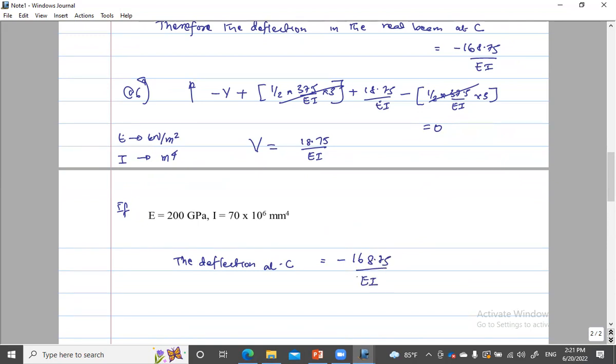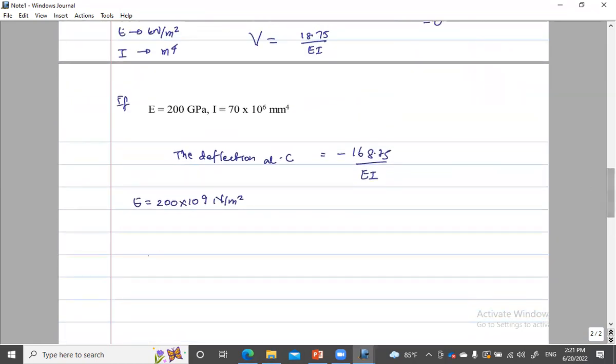So I need to substitute E and I. E is 200 gigapascal. That is 200 into 10 to the 9 newton per meter square. So in kilonewton, it should be 200 into 10 to the 6 kilonewton per meter square. Okay, I take 1000 for kilonewton.